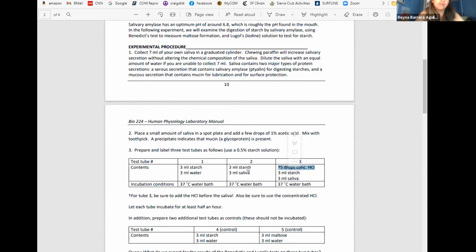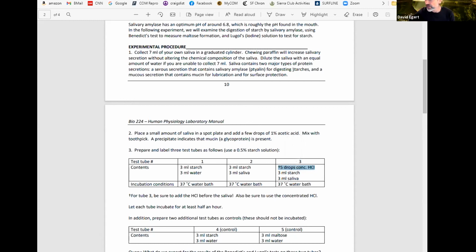pH. Yeah, pH, right? So with HCl we're altering the pH, and with saliva, what exactly is saliva giving us that we really care about? Amylase. So we're going to have the presence or absence of the enzyme amylase, and then vary the pH between kind of normal and really acidic.